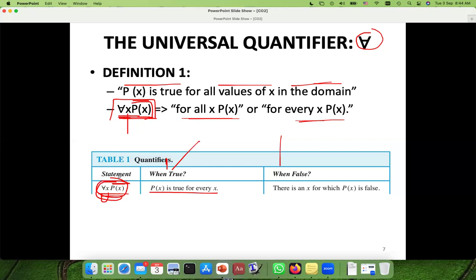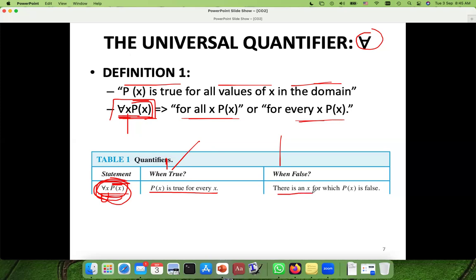So now this is one theory written in mathematical form. So if P of X is false for any one value of X, then this whole theory will be false. So that is written here.